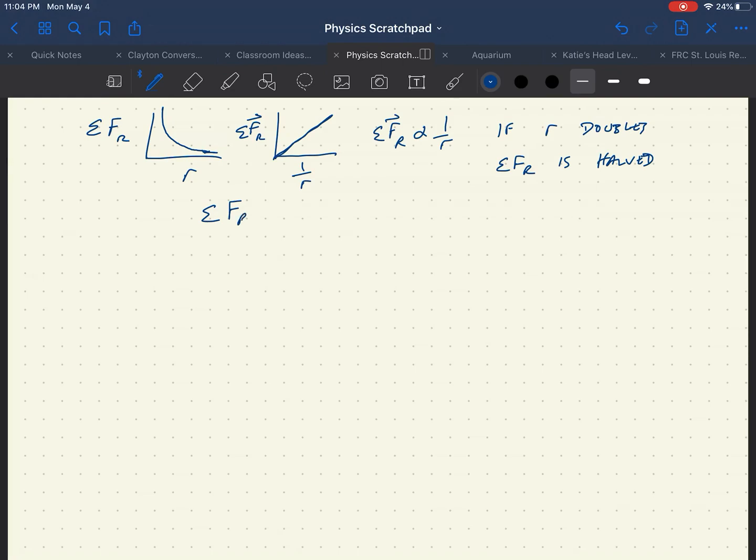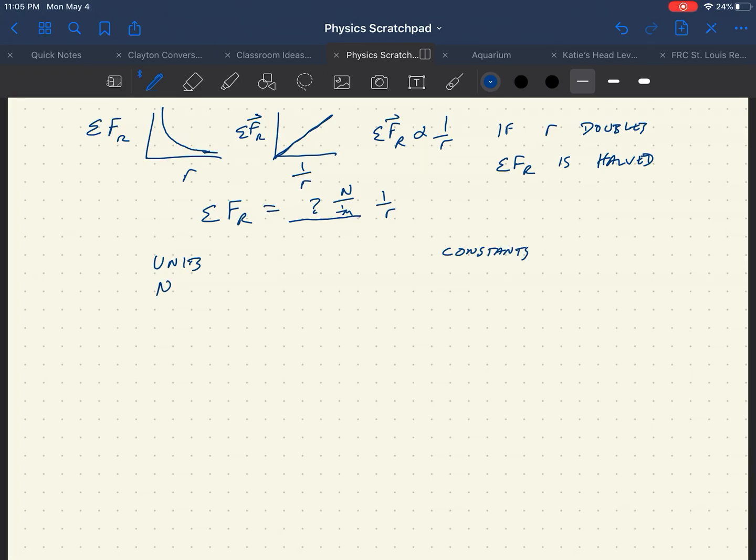And our equation, net force radial equals some number that you got for your slope times 1 over r. And that slope will have units of newtons per 1 over meter. Okay. So again, if we look at units and we look at constants, we're trying to figure out the physical significance of the slope.